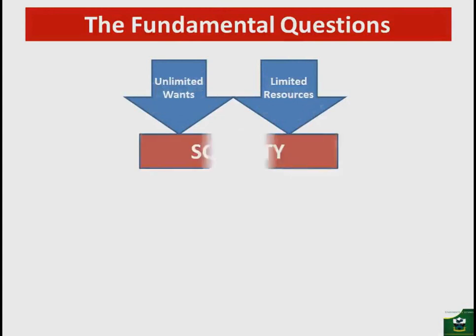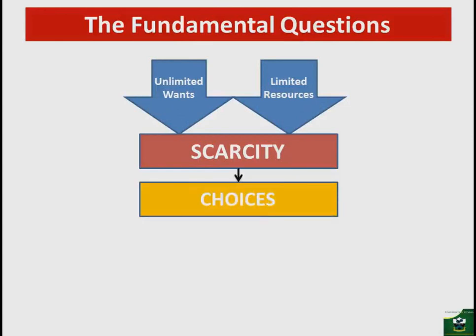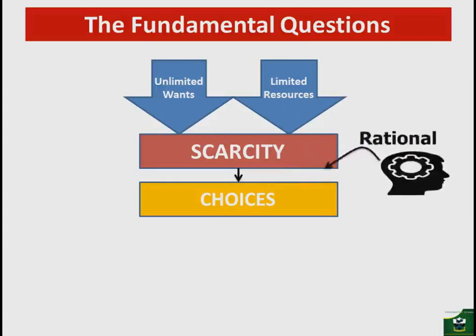In other words, what we have is the scarcity of resources due to the fact that we are unable to meet all our wants. Because of this, we need to make choices. We need to decide on what we will take and what we will leave out. We need to decide what we should leave for the market or for the government to handle. We need to decide what we can produce and what we cannot produce. And in making such choices, we need to make sure that we are rational.